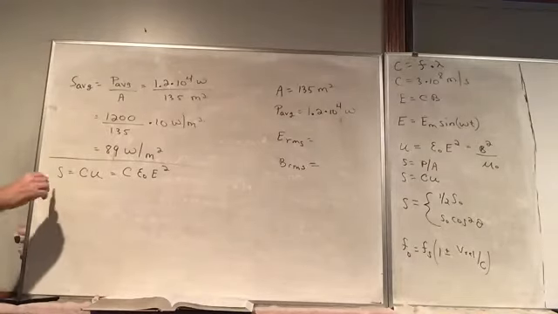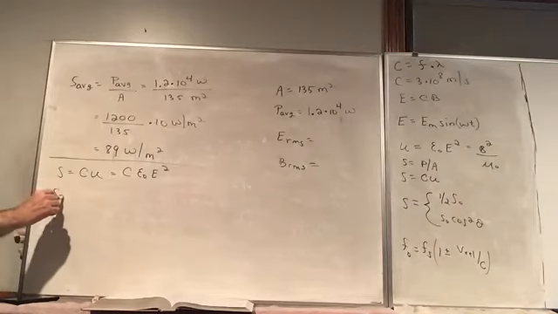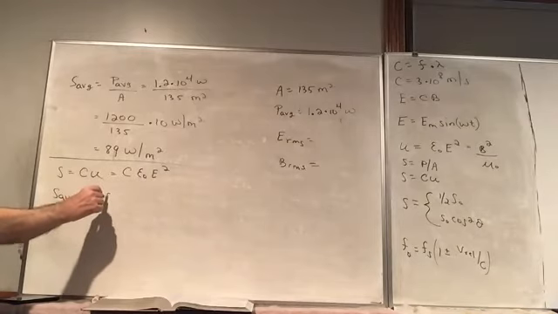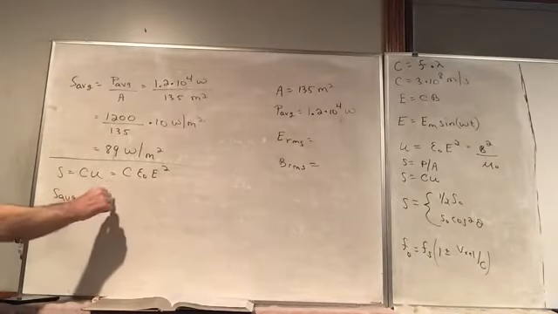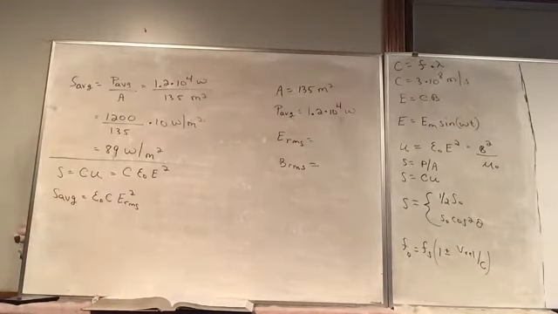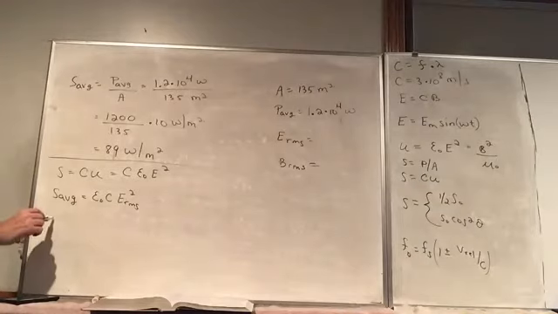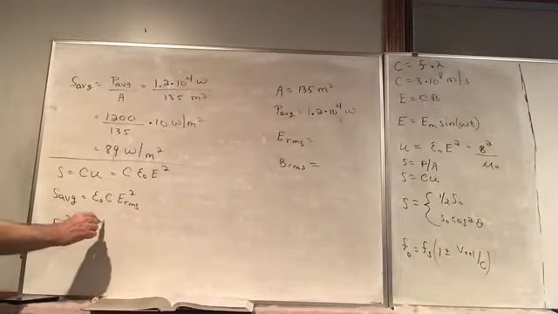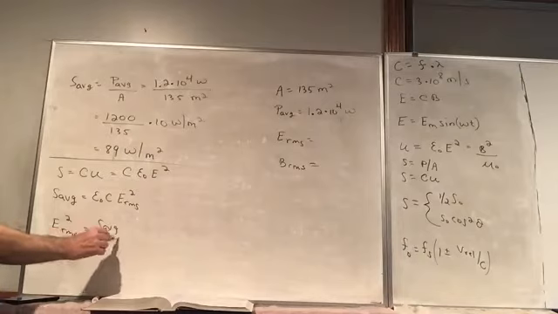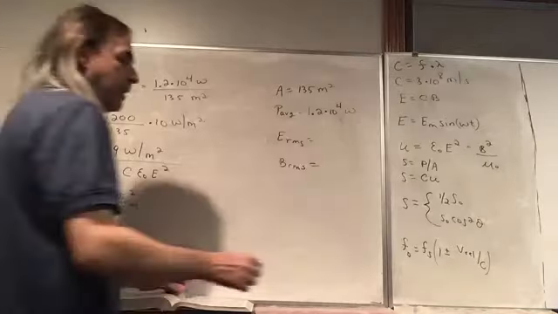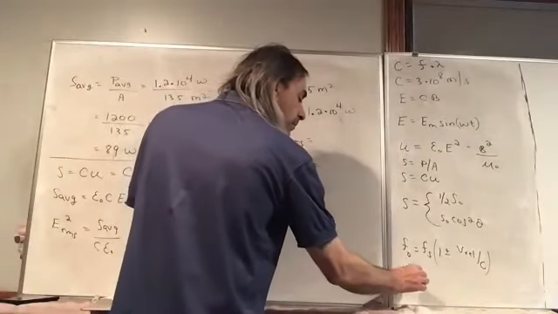Now, the average intensity would be the speed of light times epsilon naught times the RMS average electric field squared. So we can solve for the electric field. That'd be the average intensity over C epsilon naught. I didn't write down epsilon naught today, but when do we do that?